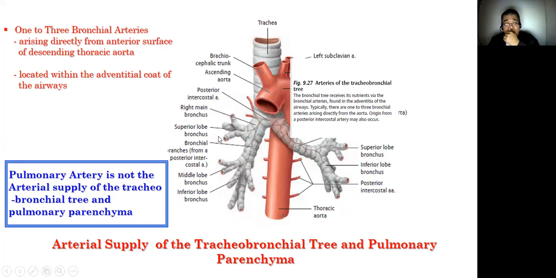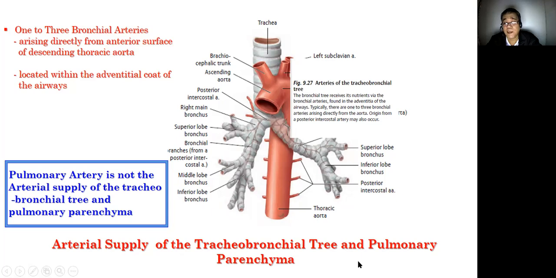Now blood supply. What is the blood supply of the tracheobronchial tree and the pulmonary parenchyma? The upper portion of the trachea receives its blood supply from the inferior thyroid artery, and the lower portion of the trachea receives its blood supply from the bronchial arteries.